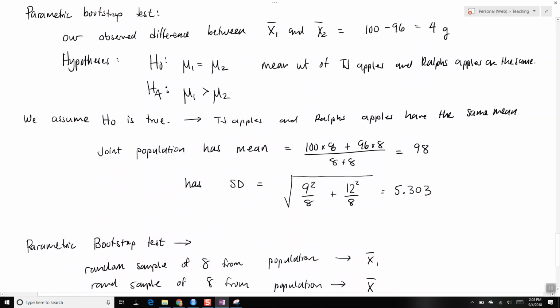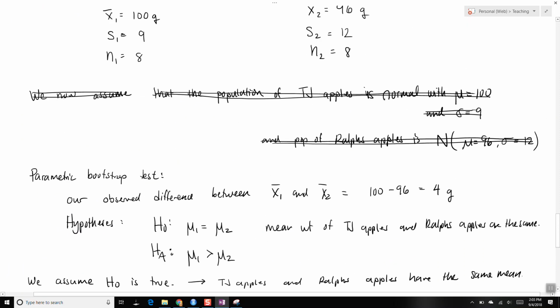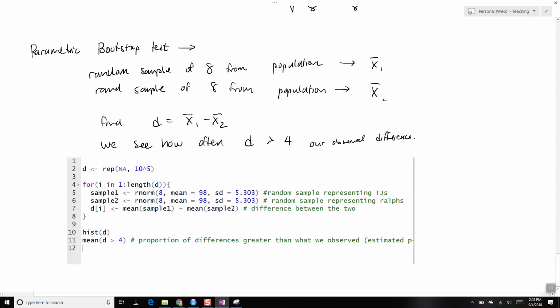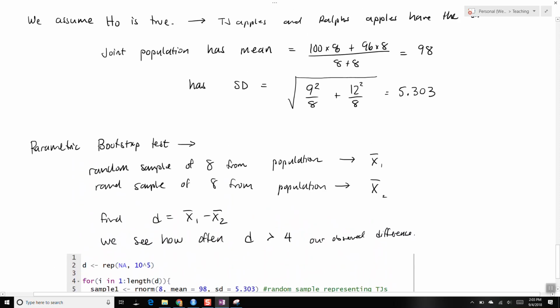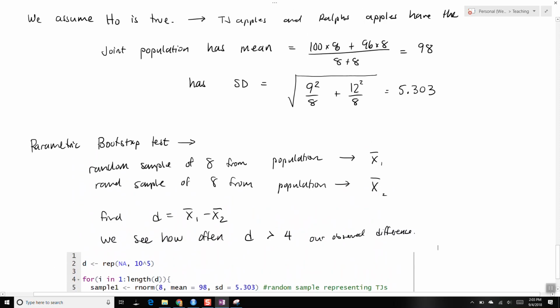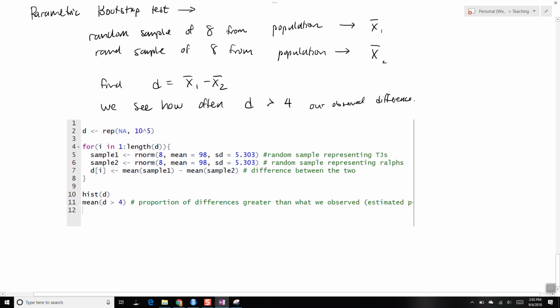So here we're assuming that mu1 is equal to mu2, and so because we know mu1 is equal to mu2, we're saying the joint population has to have this mean and this standard deviation or something like that, okay? But this does not necessarily come from a normal distribution.